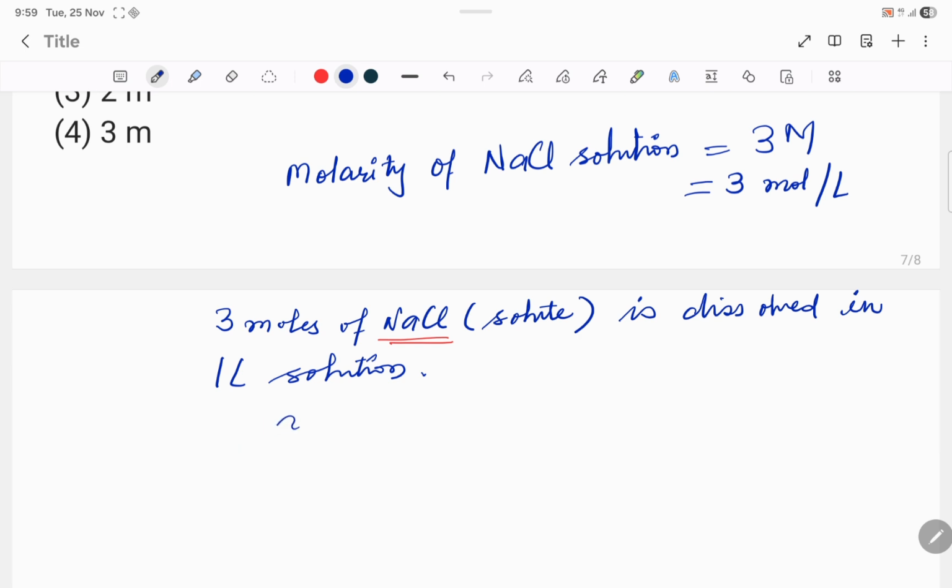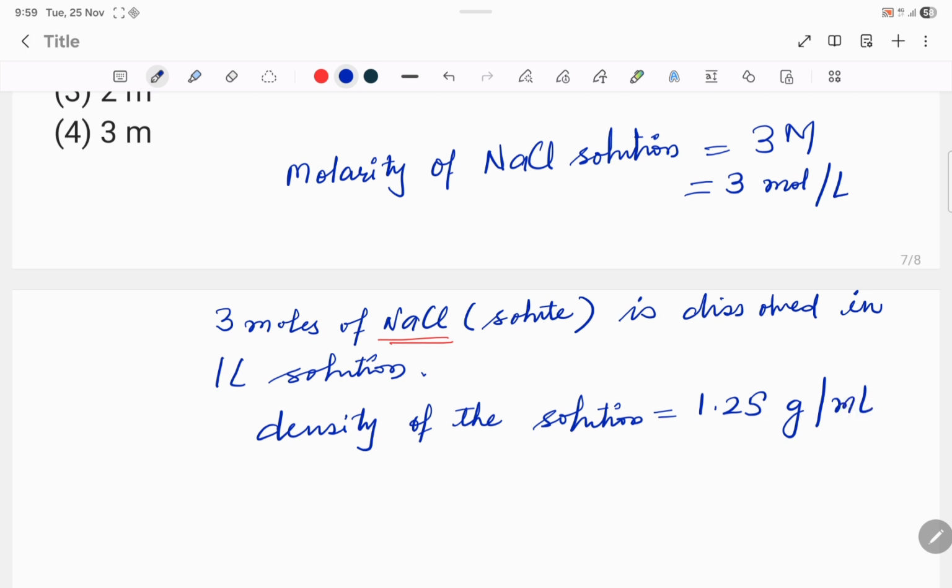One more thing has been given. We have been given the density of the solution. All right, and the density is 1.25 grams per milliliter.